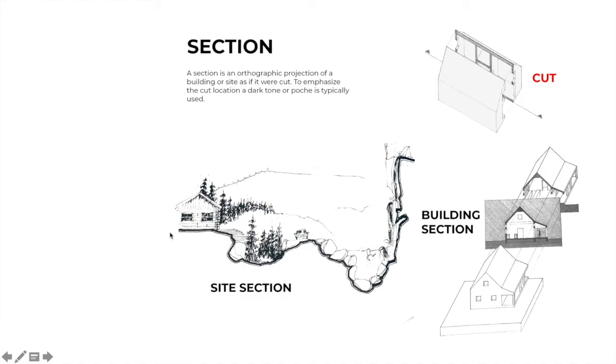Landscape sections are really interesting because we like to bold up the double line, really thick line here, to basically tell our client, imagine a knife cutting through the earth and then revealing or pulling away the foreground so that we can understand exactly how these different spaces and how these different features of the site are sitting on the cut of the earth or sitting on the topography of the earth.